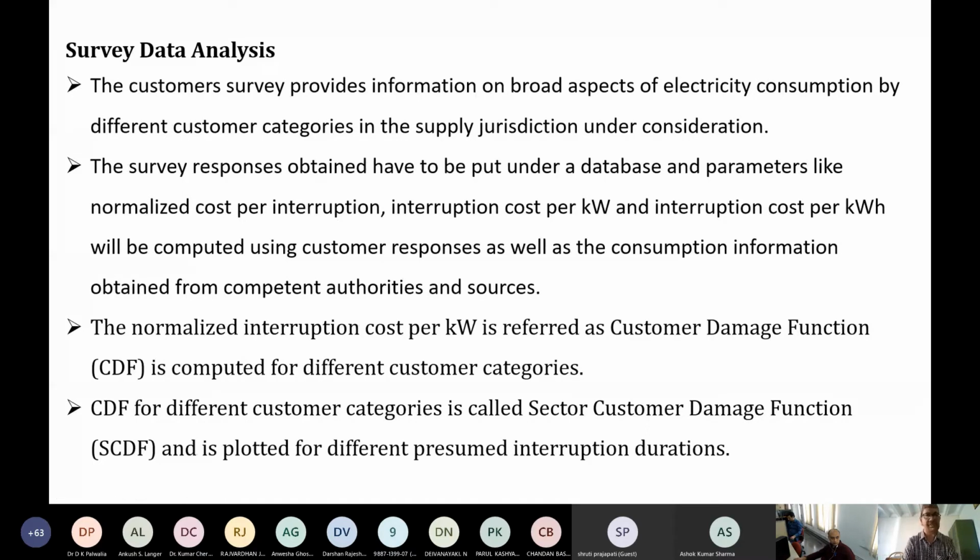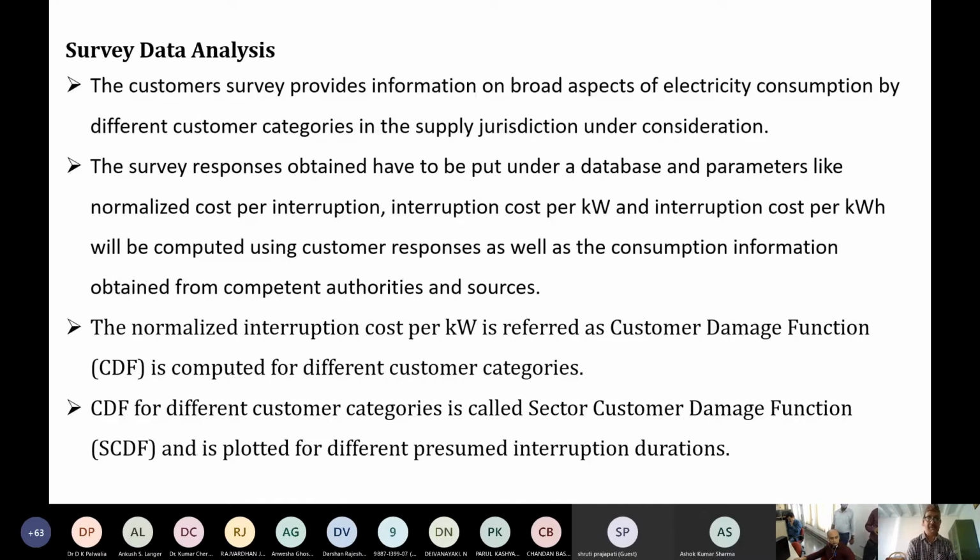The survey responses obtained have to be put into a database, and parameters like normalized cost per interruption, meaning what is the cost of one interruption to a residential customer, to a commercial customer, to an industrial customer, have to be obtained.